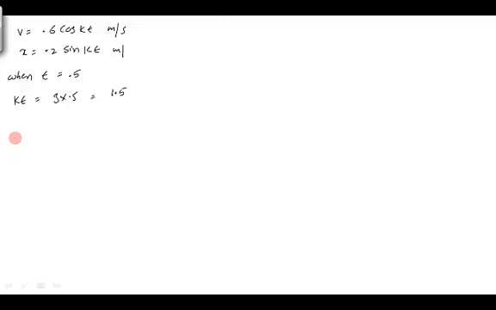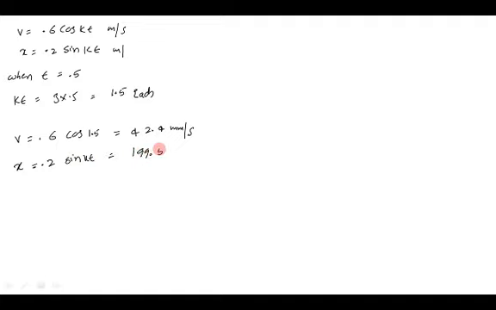So v now becomes, v is equal to 0.6 times cos of 1.5 radians, this is in radians, the value is 42.4 millimeters per second, and x is equal to 0.2 sin kt becomes 199.5 mm.